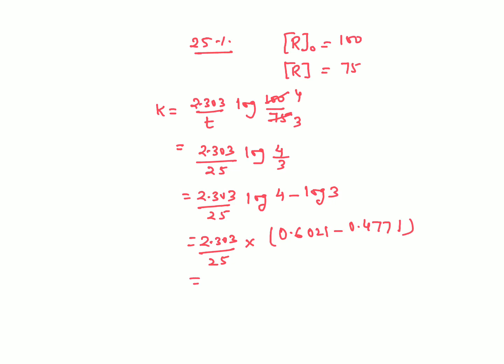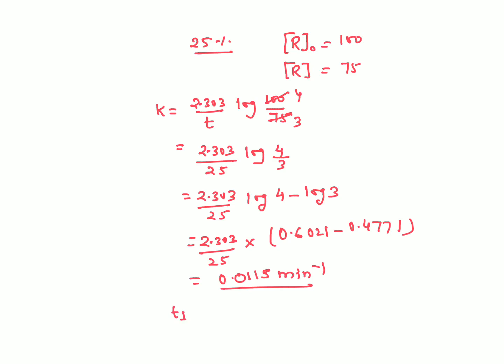Then when you solve this, you will get the value 0.0115 per minute. So this is the value of the rate constant.